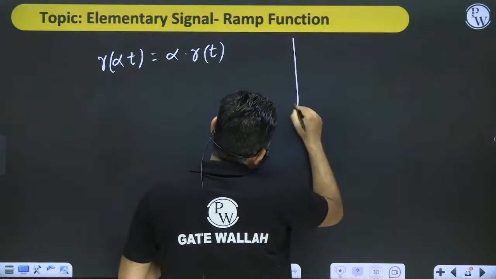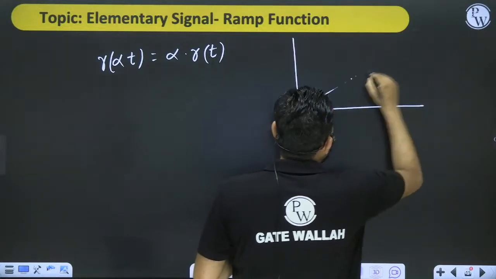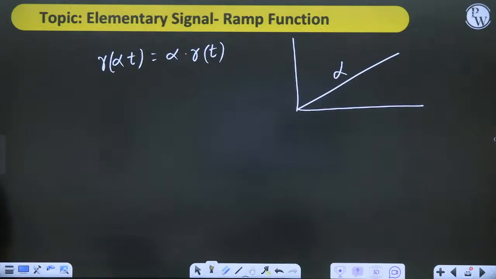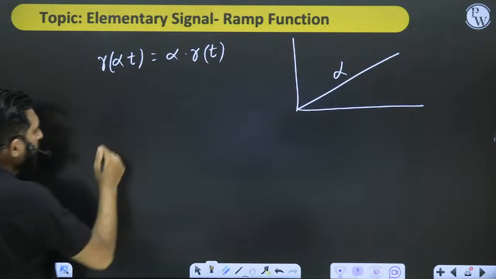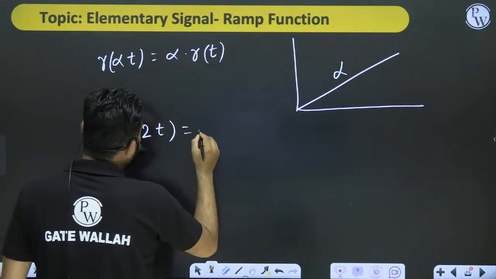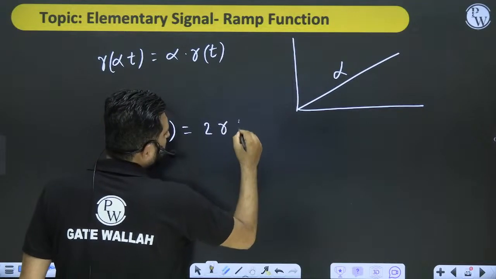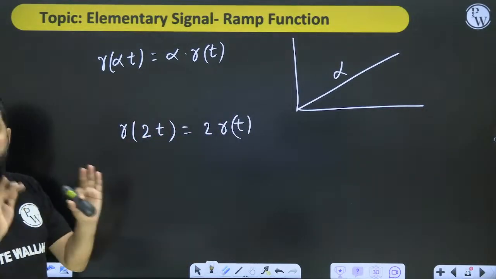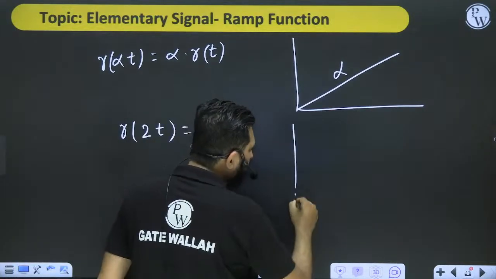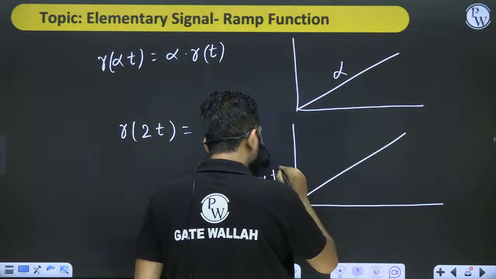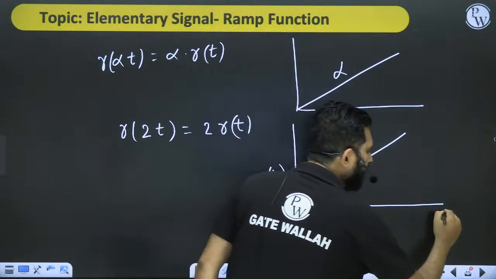So this will change the slope of this function to alpha. That's the very, very important point. So if someone asks you what is r of 2t, it is basically 2 r of t. Otherwise, if you simply say r of 2t, then on scaling, see here, this is r of t, and then this is 0, this is infinity.